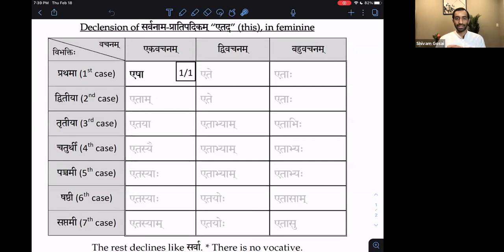Etayoho, etasam. There's no real rule with that, that's why I'm putting that up. Etasyaha, etayoho, etasam. Then seventh case, etasyam, etayoho, etasu. Here in the feminine you don't get that shu, you get the su.